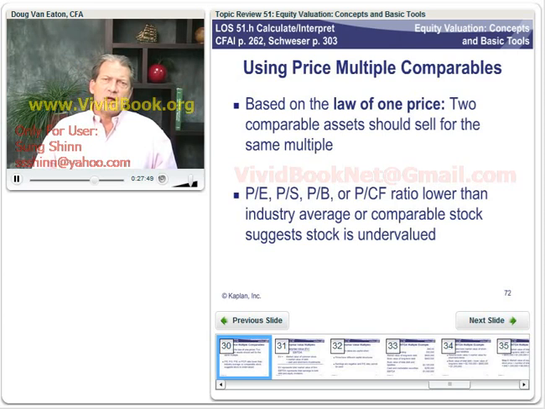Let's multiply that, say, price to cash flow ratio times the estimate of cash flow per share, and that should be the value of the firm. So that's a relative valuation because we're taking the price earnings or price sales or price book ratio of what we believe to be a comparable firm or the average for a number of firms in their industry.